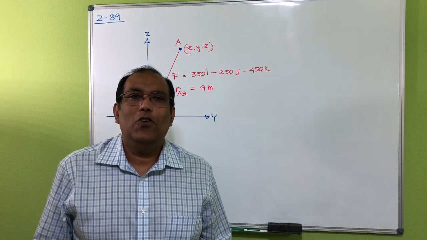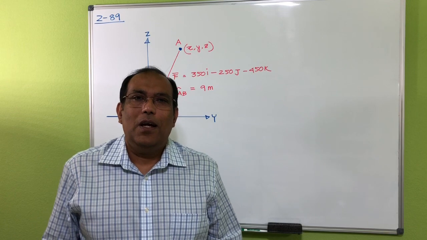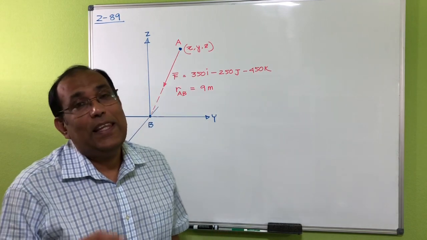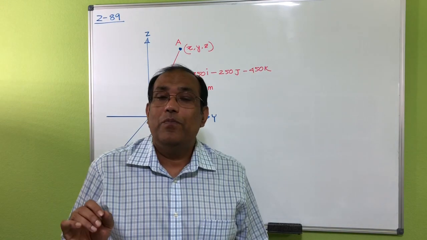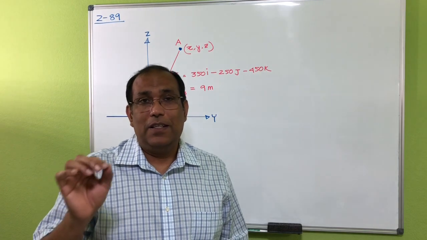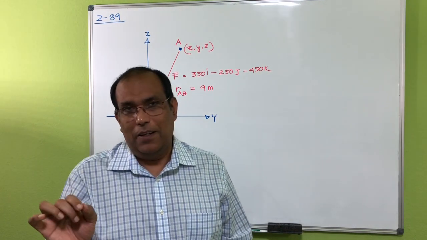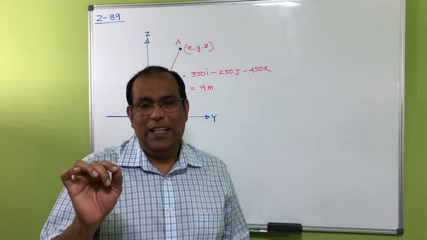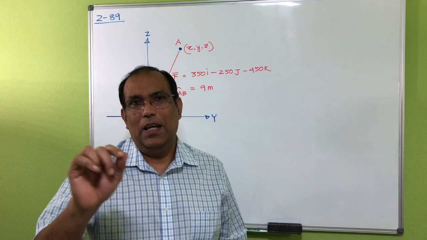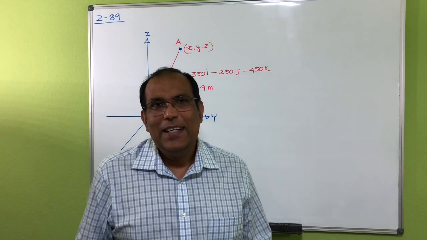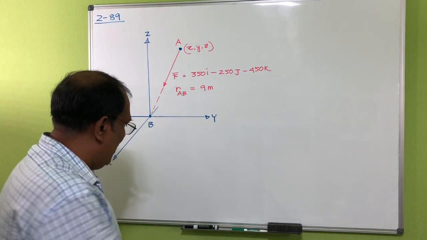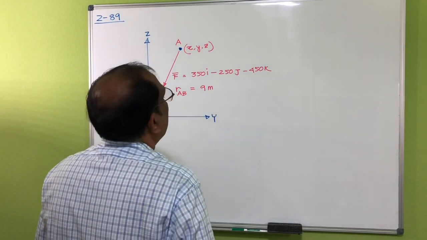So what you have to do now, we have to do the other way around. Usually they give you the location, from there you find out the position vector, then from position vector to unit vector, and when you multiply the unit vector with the magnitude of the force, you get the force vector, right? So actually we have the force vector. So what is the magnitude of the force here?